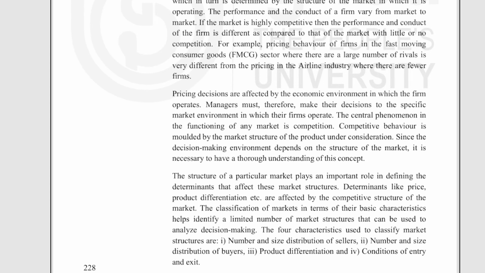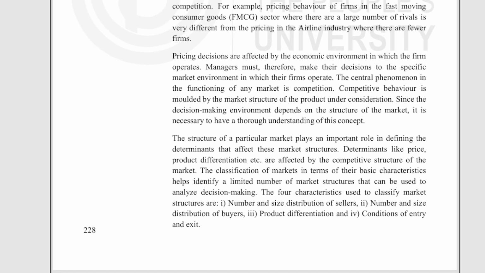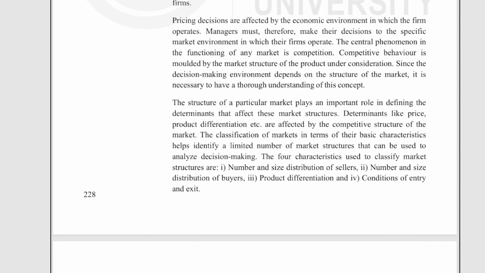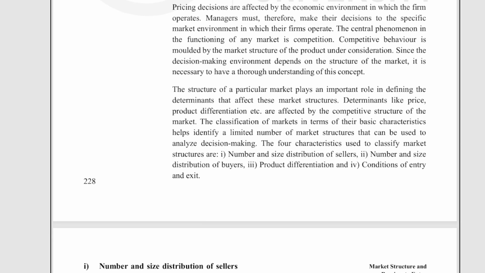An example: the pricing behavior of a firm in the fast moving consumer goods, that is FMCG, sector, where there are a large number of rivals, is very different from the pricing in the airline industry, where there are fewer firms. Pricing decisions are affected by the economic environment in which the firm operates. Managers must therefore tailor their decisions to the specific market environment in which their firm operates.